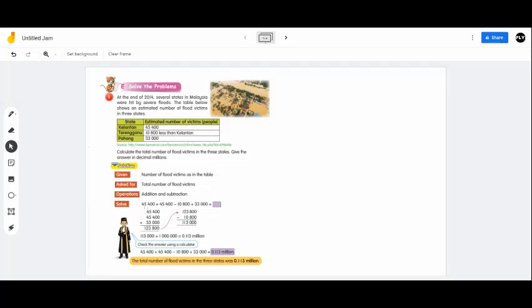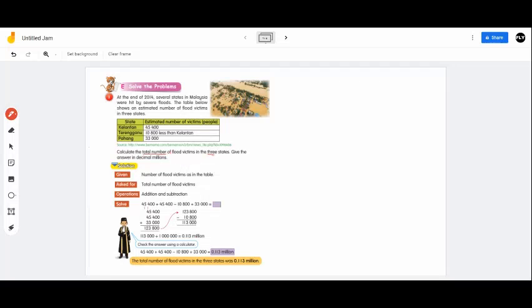So first thing, do you understand the question? What the question wants? Which is the keyword? So the keyword here is calculate the total number. Total number is our keyword. Total number of flood victims in 3 states.